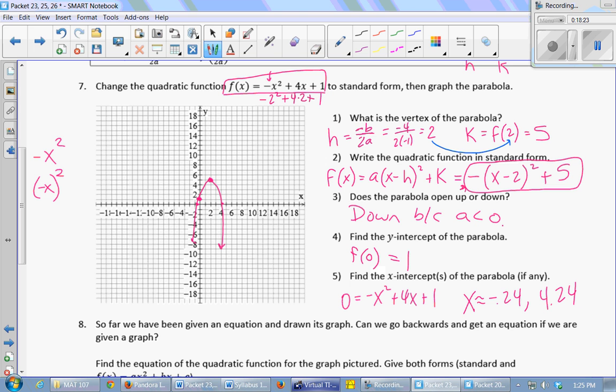That negative is not glued to the x, because the order of operations says raise that to the power, then multiply by negative 1, exponents before multiplication. When you write it like this, it says do the multiplication, then square it, because the parentheses come first.